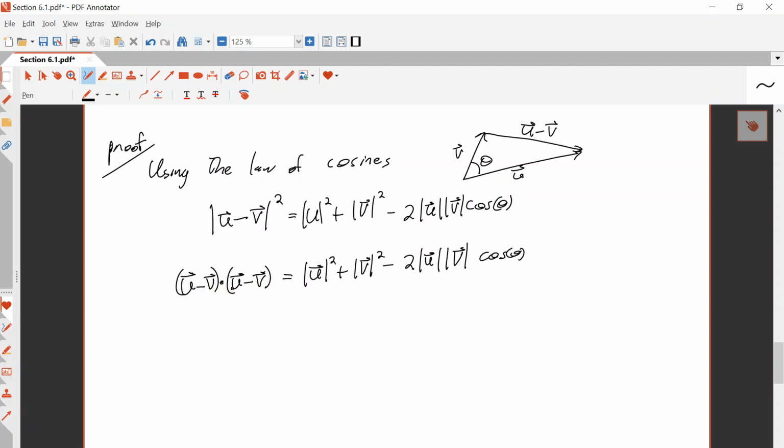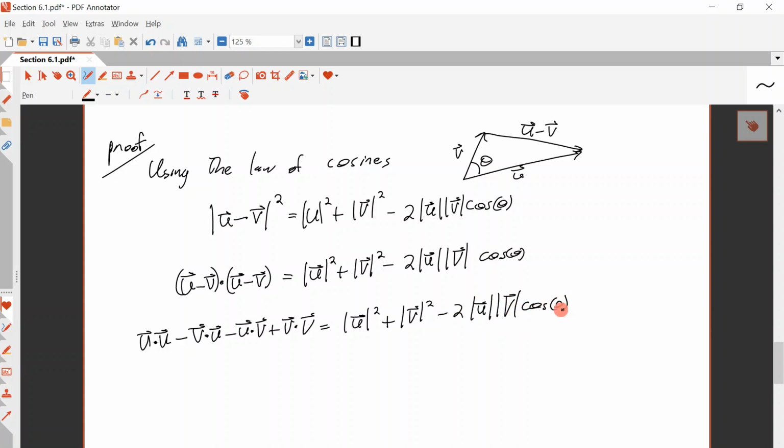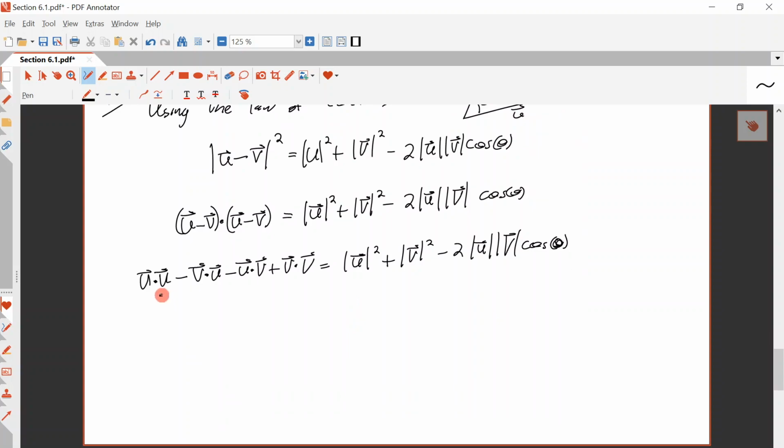Well, this is, using distribution, u dot u minus v dot u minus u dot v plus v dot v. But u dot u is the length of u squared, and then u dot v is the same as v dot u.